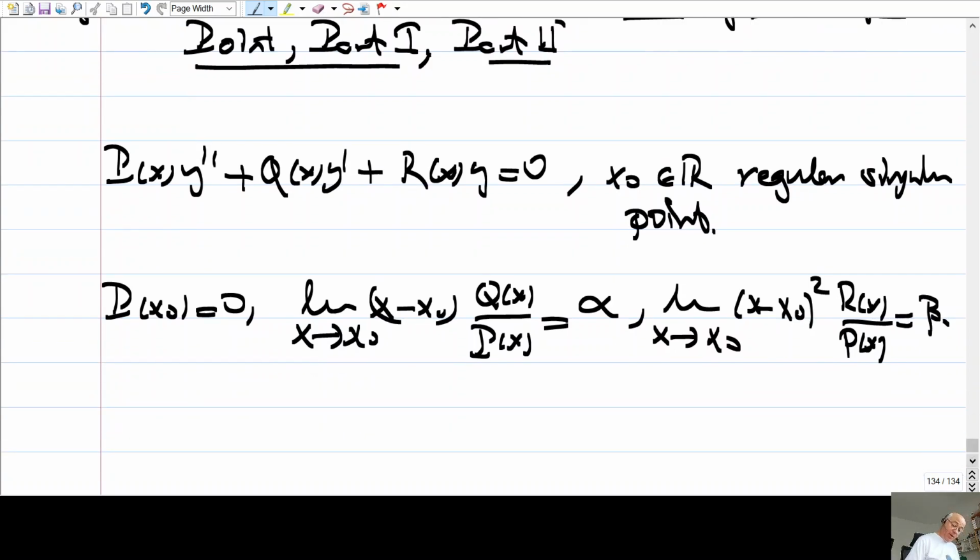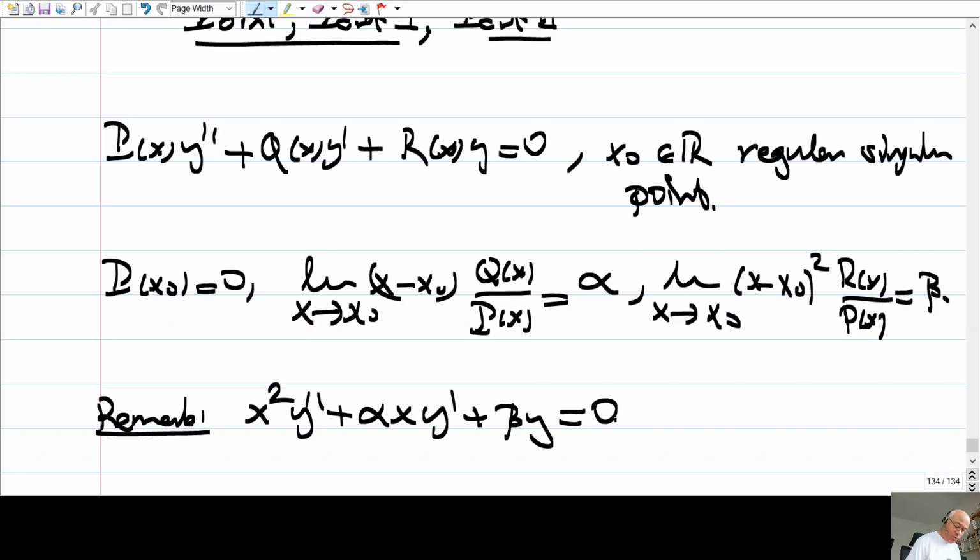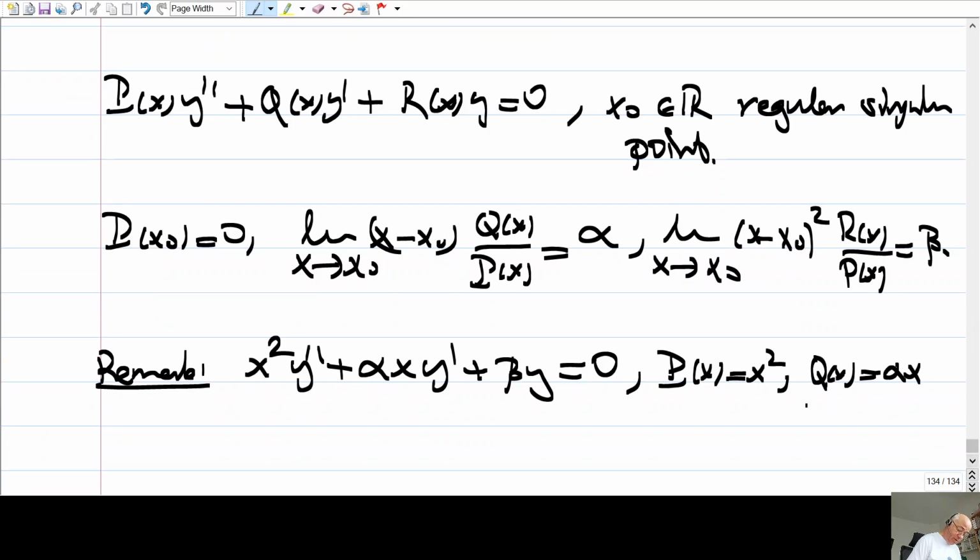Well, you see, actually, Euler's equation is like this, right? Let me write it as a remark. If you consider Euler's equation, x squared y double prime plus alpha x y prime plus beta y equals 0, and compare this with the above form, P(x) is just x squared, Q(x) is just alpha times x, and R(x) is the constant function beta.